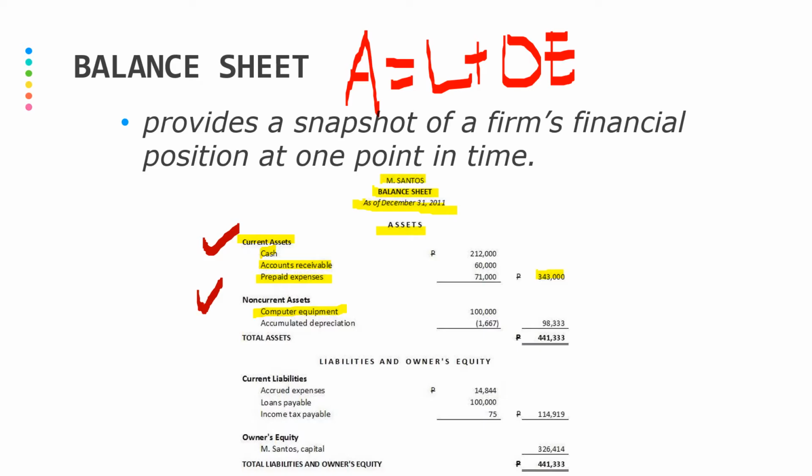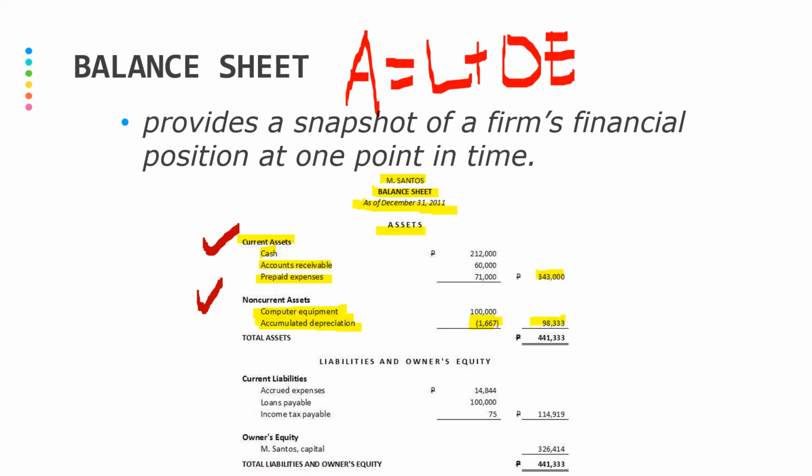Now, if you can observe, there is an accumulated depreciation here because accumulated depreciation is a contra asset that offsets the value of a depreciating asset. Now, an example of a depreciating asset here is the computer equipment. So, the 1,667 pesos depreciation is being deducted from the original value of the computer equipment of 100,000.